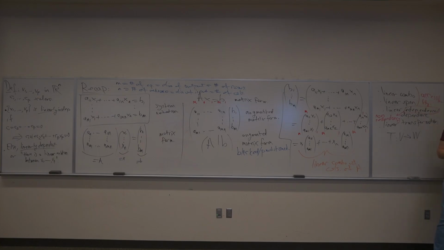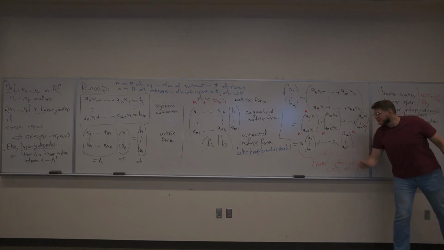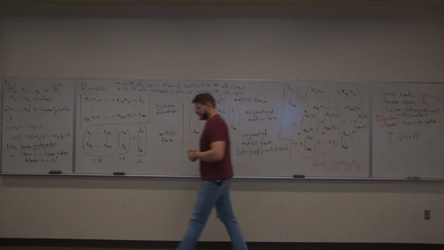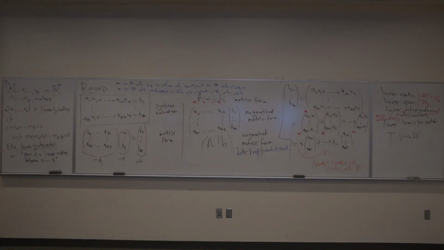I had n columns in A, and here I'm taking the linear combination of n vectors, but they're all in m dimensions. This is where things start to get kind of complicated. Any comments or questions?